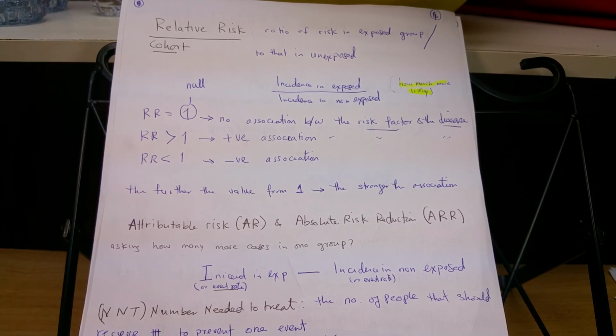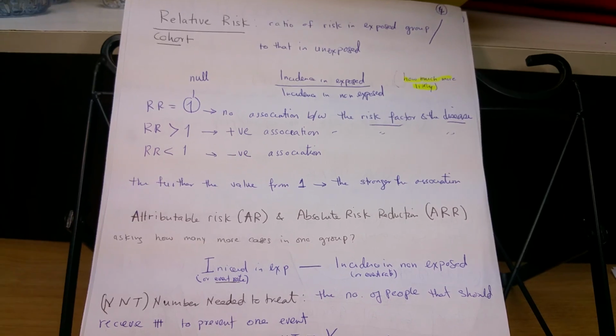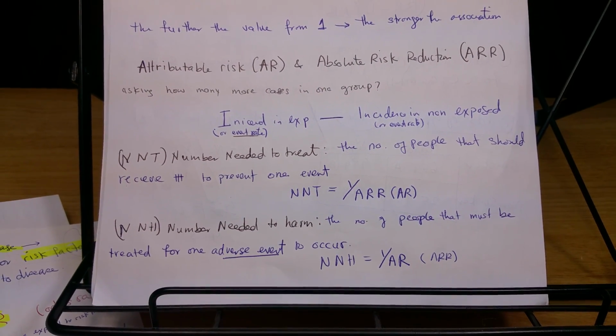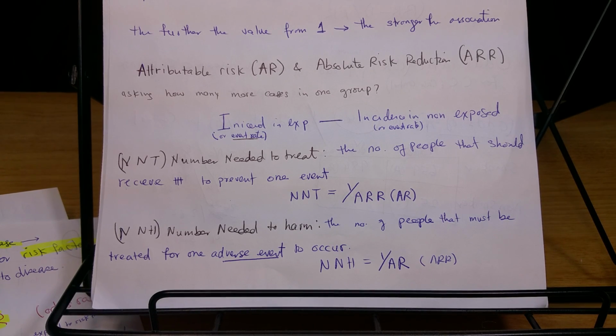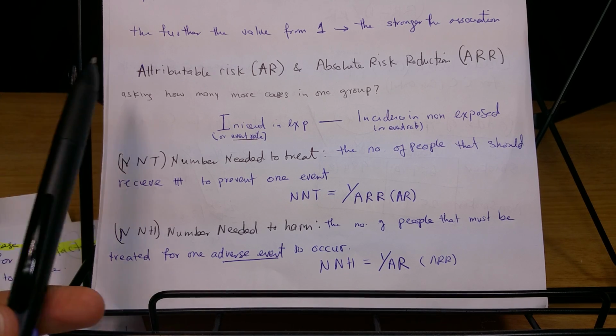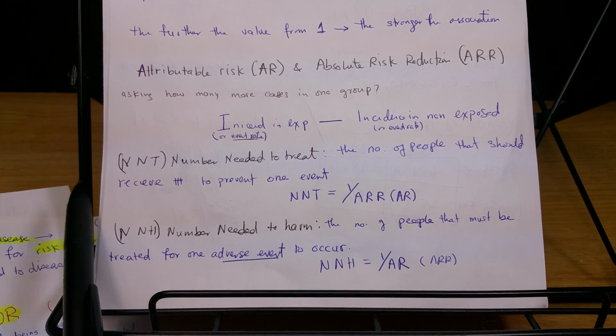We'll talk now about attributable risk and absolute risk reduction. There is a slight difference between them, but I don't think it's very important to know, and I usually put them together. So we are asking how many more cases in one group.